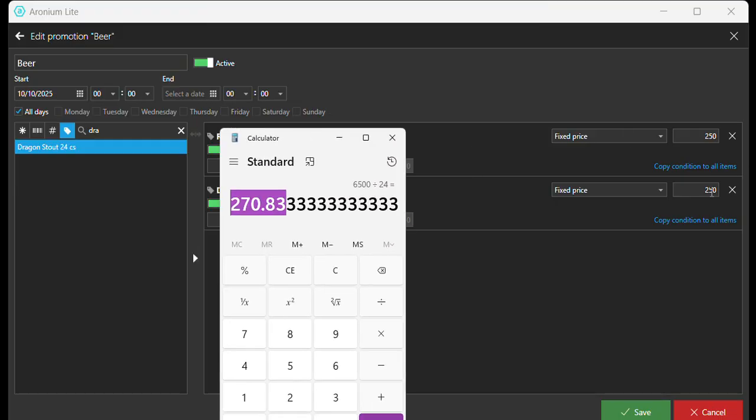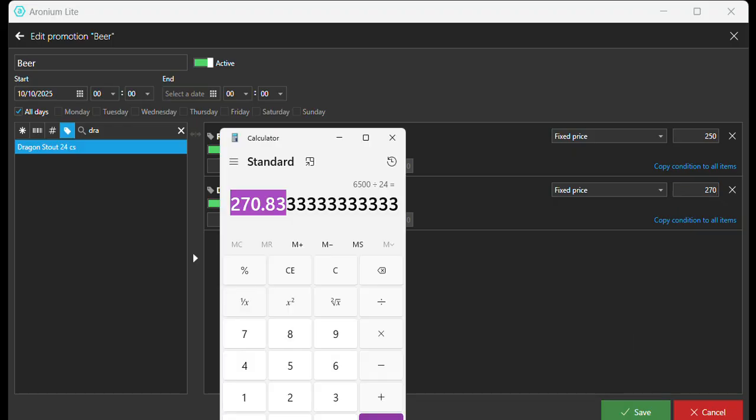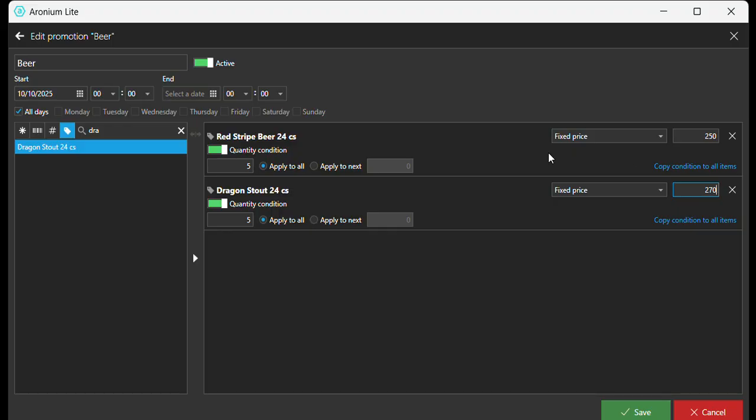So we put in 270.84. That's basically the wholesale price. So just like how you have buy 2 and get 1, it's basically the same thing. You start one below.